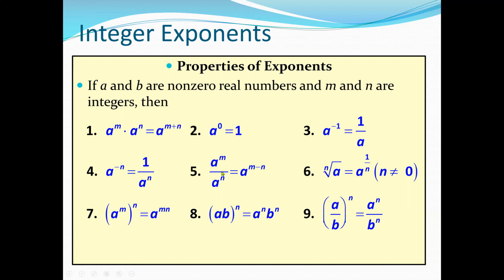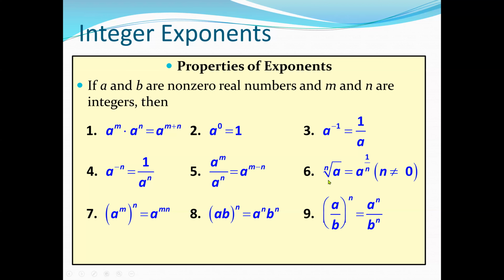Then this time we have a division. The base is the same: a to the power m divided by a to the power n. The answer will be a to the power m minus n. Then question number 6, we have the nth root of a.